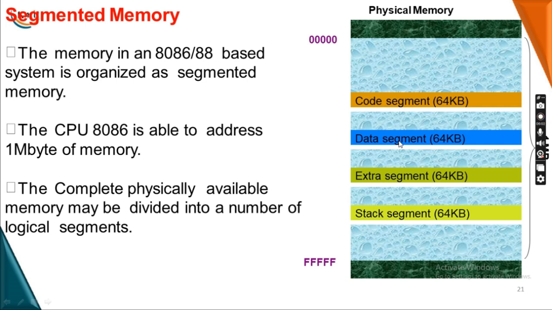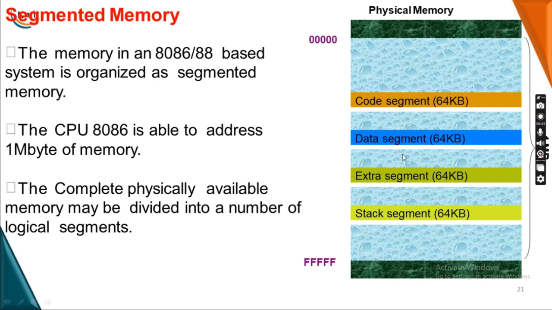Getting the point? In the code segment, we store the code, instructions. The data segment will store the data. The extra segment can also store data. The data which the extra segment can store is the extra data that the data segment is unable to store.